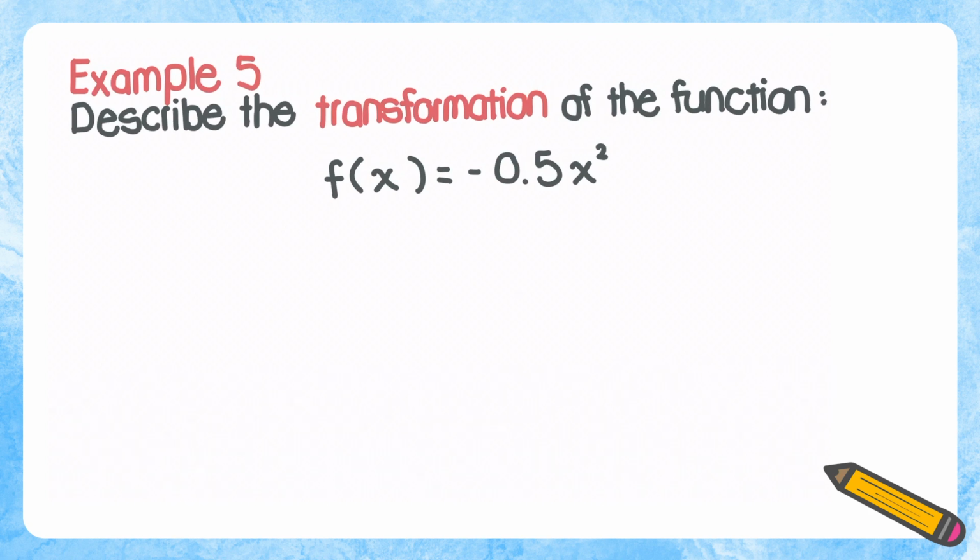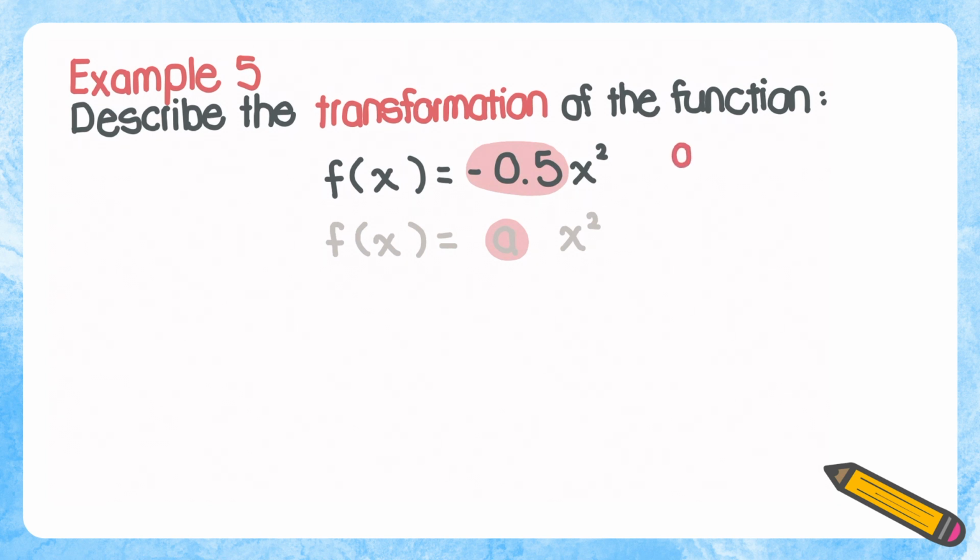For example 5, describe the transformation of the function f of x equals negative 0.5 times x squared. F of x equals a times x squared, and for this example, a is replaced by negative 0.5.